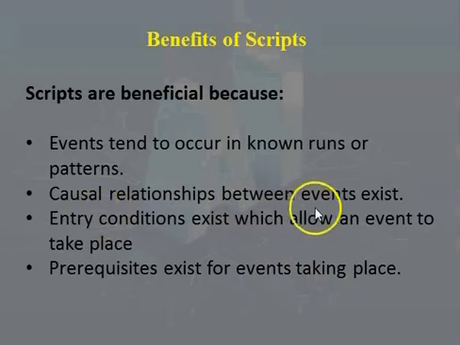A causal relationship between events exists, so there should be some relation between each of the events. Entry conditions exist which allow an event to take place. For an event to take place, we should have some condition previously defined. In the absence of those conditions, we cannot define an event to take place. Then prerequisites exist for events taking place. Some requirements are needed for activating the events.